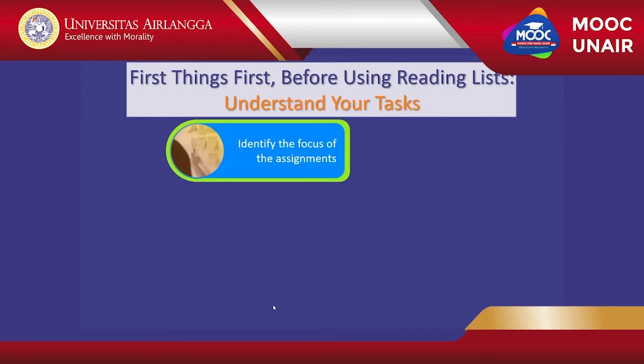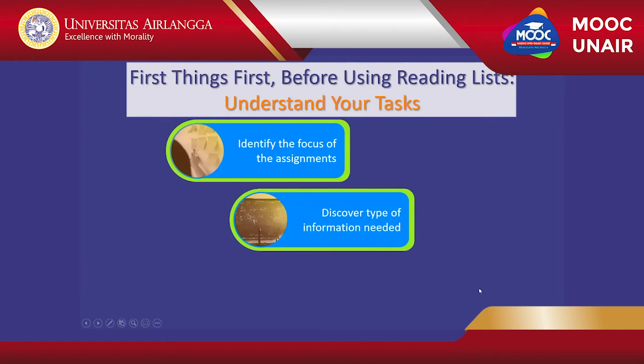In addition, we need to think about what type of information should be discovered, whether the information is related to the ideas, thoughts, concepts, theories, and other important aspects of academic work or not.